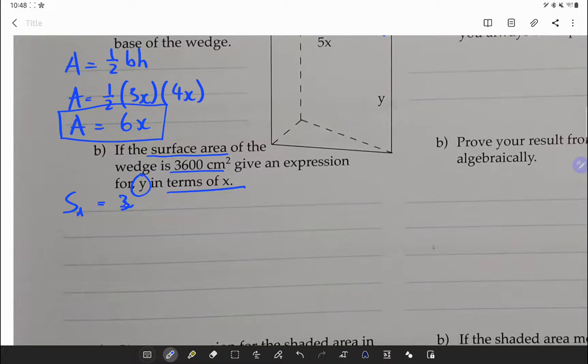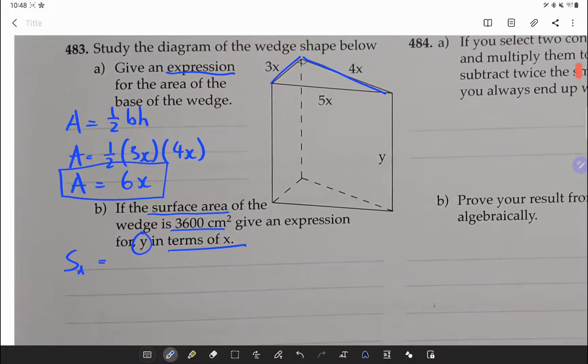well, before we say 3,600, is the sum of all these areas. So we know it's 6x². 6x² is from before, that's the base, but we know we have two of them. We also need this rectangle, so we're going to add 3x times, that's a y, isn't it?